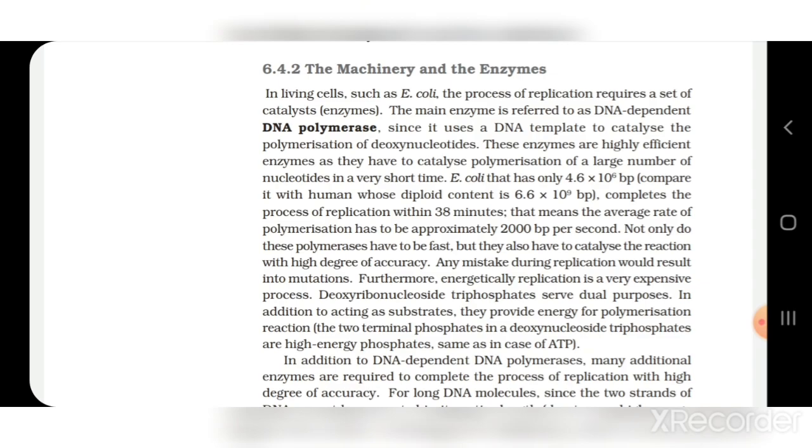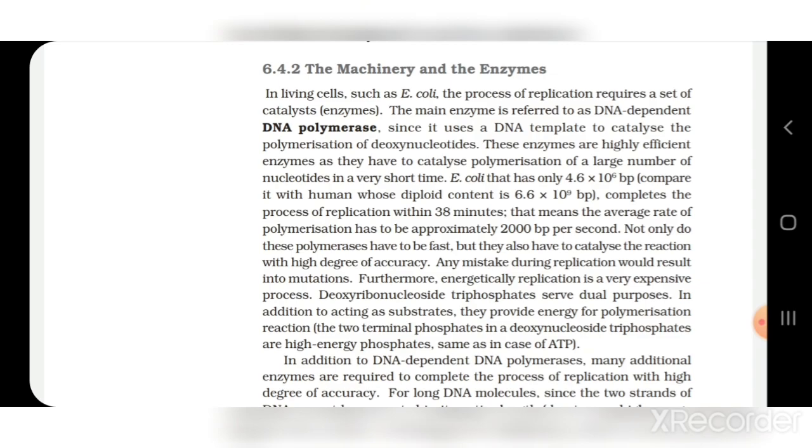Now, the bacterial DNA polymerase can also do proofreading. That means it can remove the wrong bases and replace them with the correct ones, which ensures accuracy in replication. The next enzyme required is DNA ligase.